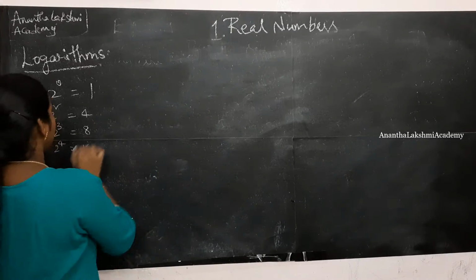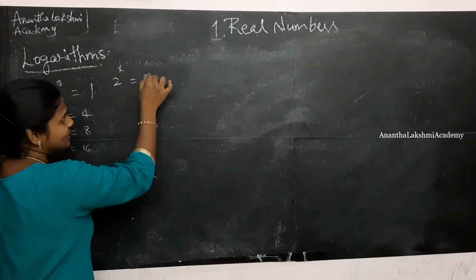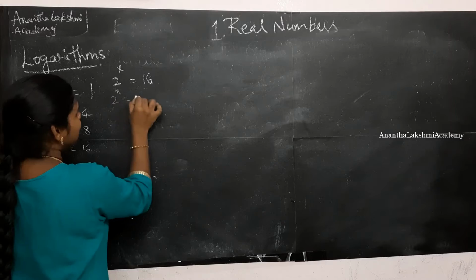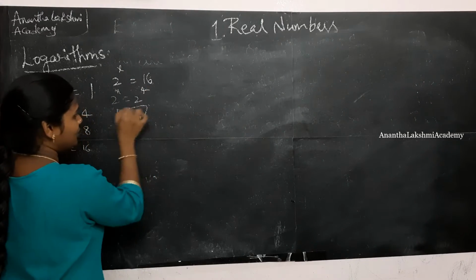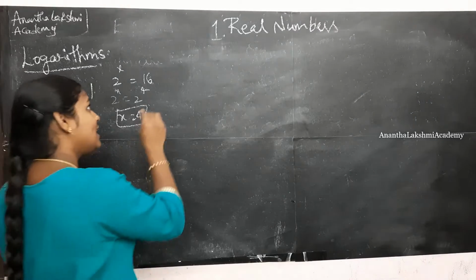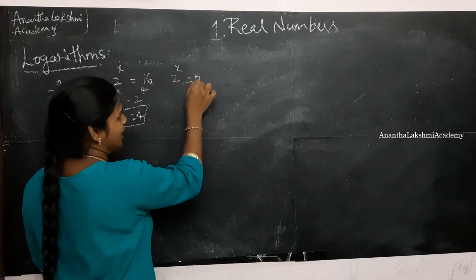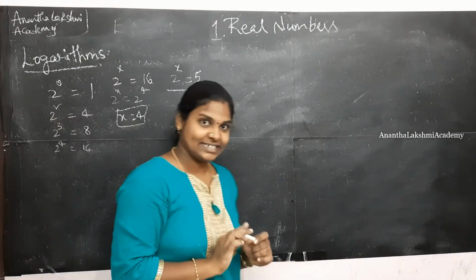But when I say 2 power x is equal to 16, how do we solve this? We write 2 power x is equal to 2 power 4, since bases are equal, exponents are equal, and the x value is 4. But when I try writing 2 power x is equal to 5, how do you solve this?